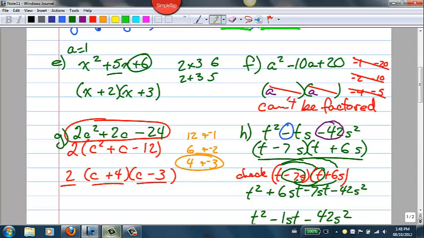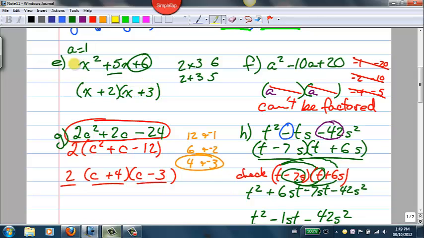E was x squared plus 5x plus 6. In this case, let me get a medium highlighter here. We're looking for 2 numbers that multiply to give 6 and add to give 5. As soon as we see those, 2 and 3, we can fill in our factors, x plus 2 and x plus 3.